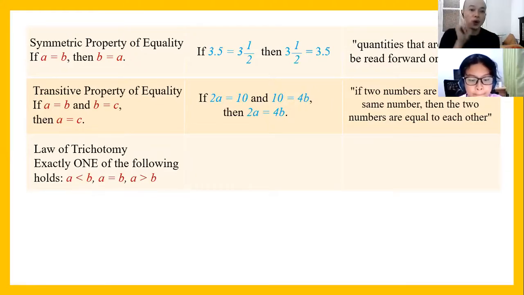Only one is true among the three. So if A is less than B, then it cannot be equal to B and cannot be greater than B. Or if A is equal to B, it cannot be less than or greater than. Only one value is true at a time.